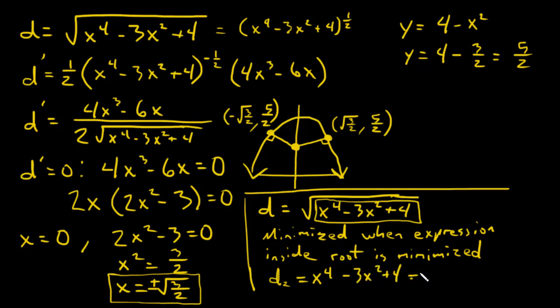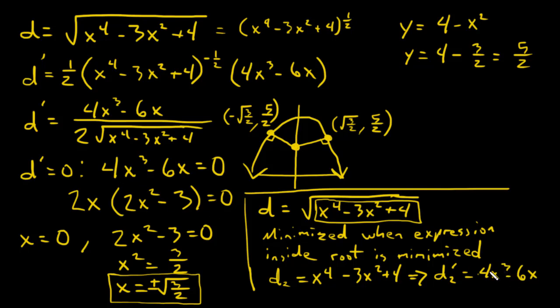So if I have that, then my d sub 2 prime is going to be negative 6. How in the world did I mess that one up? It's going to be 4x cubed minus 6x, right? Well, that's what we got here anyways.